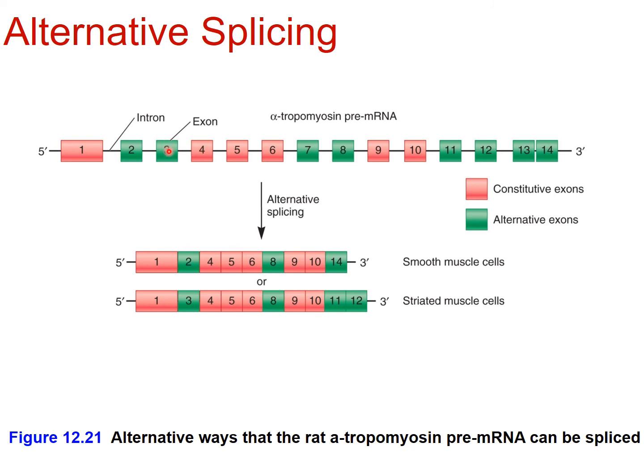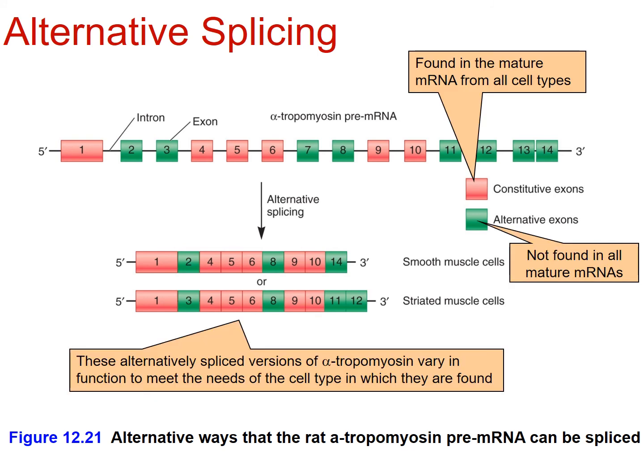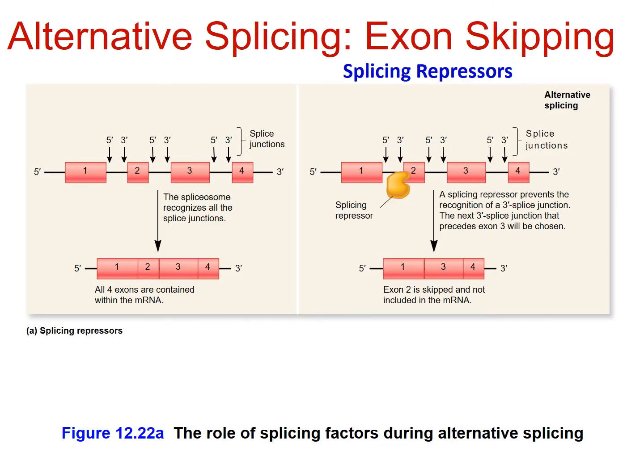Now, how does the cell know to skip exon 3? So that leads us to our next slide, that there are ways in which the cell can distinguish which exons should be skipped.